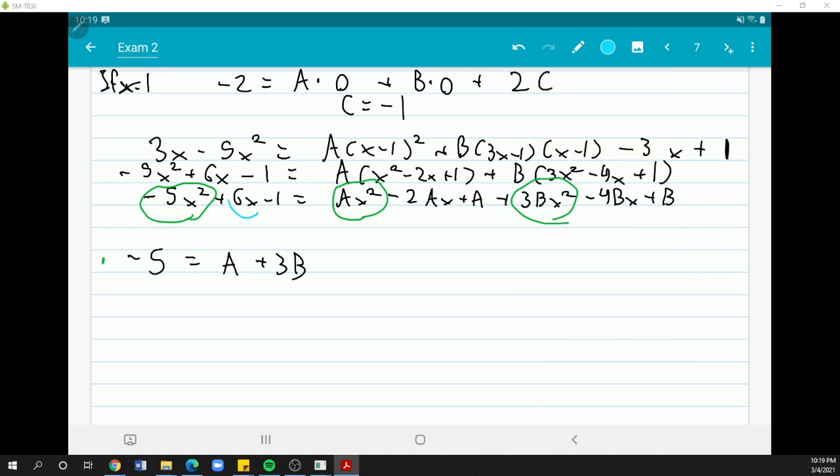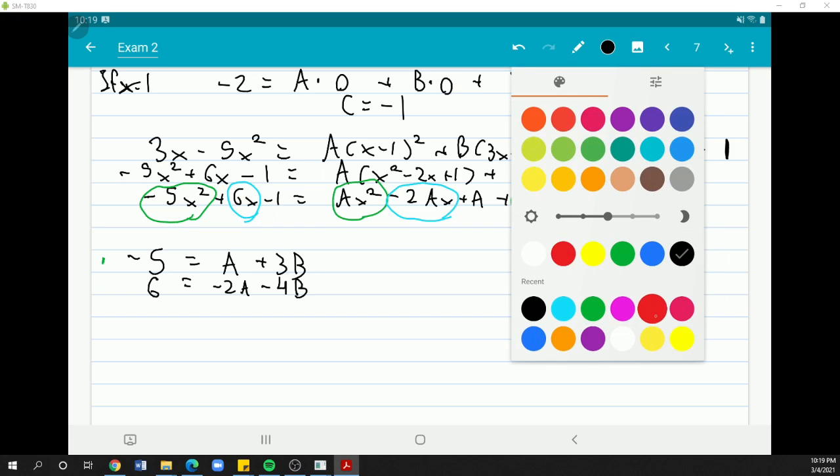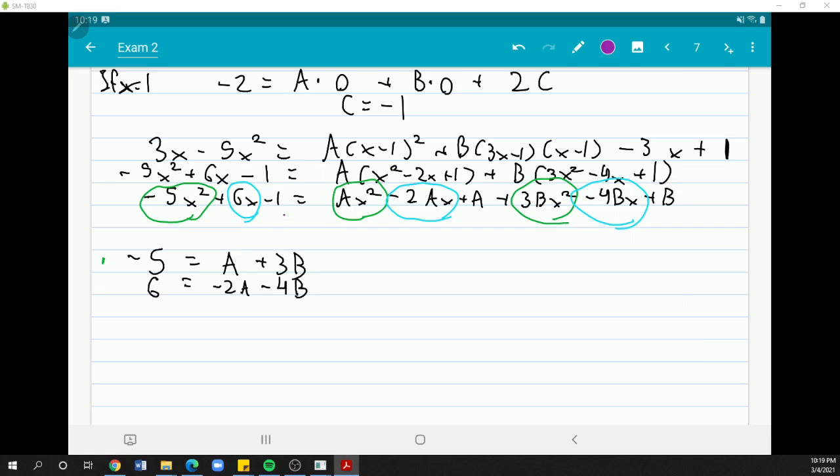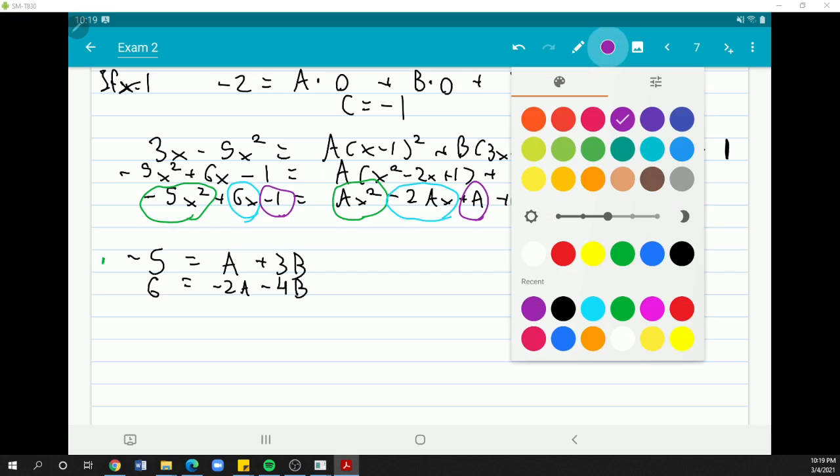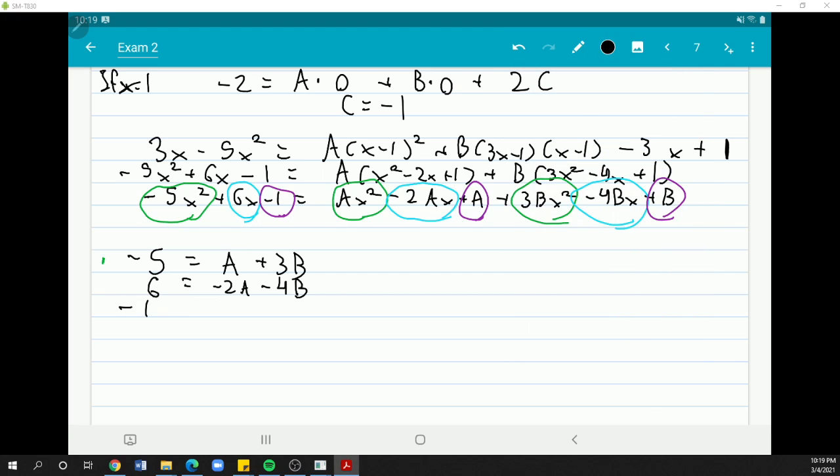The stuff in light blue, I have 6x minus 2ax minus 4bx, so 6 is equal to minus 2a minus 4b. And then finally, let's do the next one in purple. Minus 1 is equal to a plus b. So I have 3 equations and 2 unknowns, so I can pick any 2 that I want.